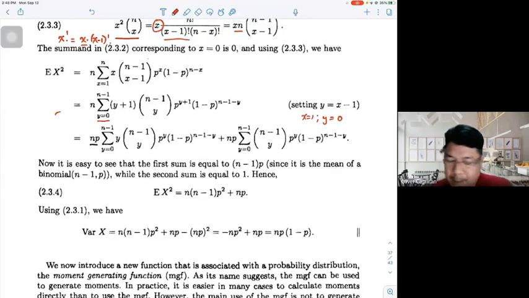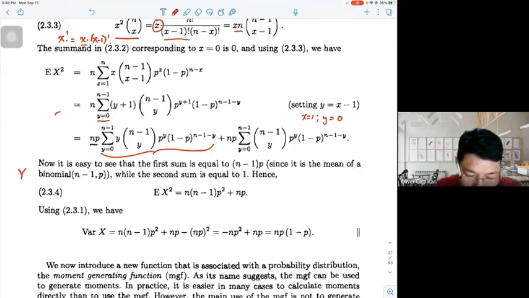Because for this, we simply have a random variable y having a binomial distribution with n minus 1 number of trials, and the probability of success here is still equal to p.